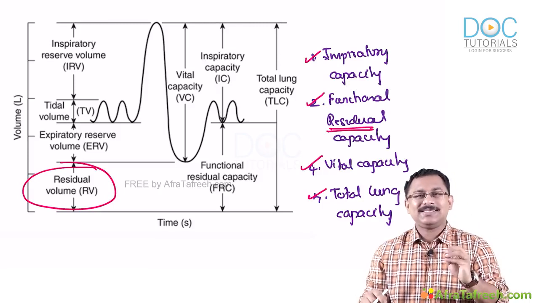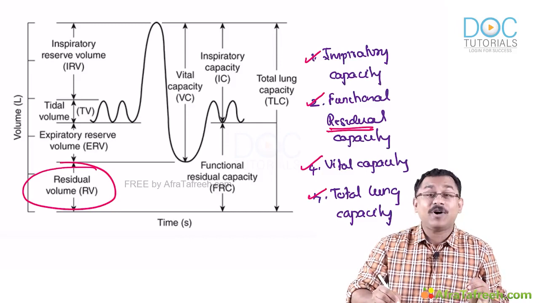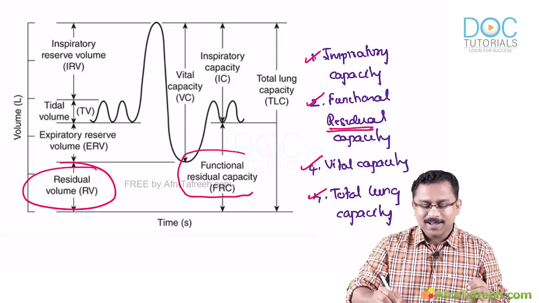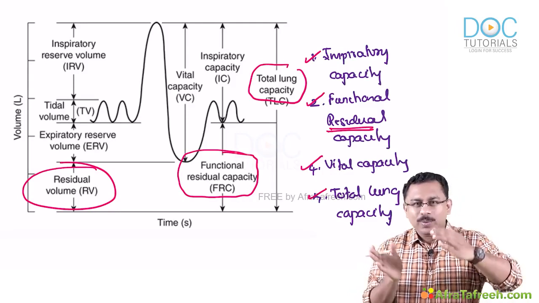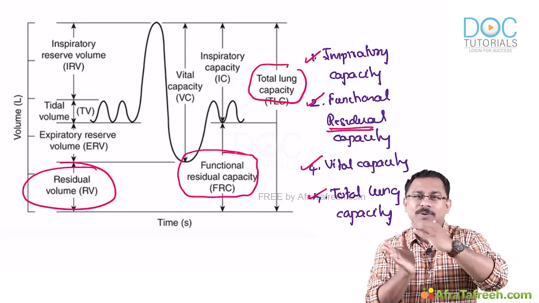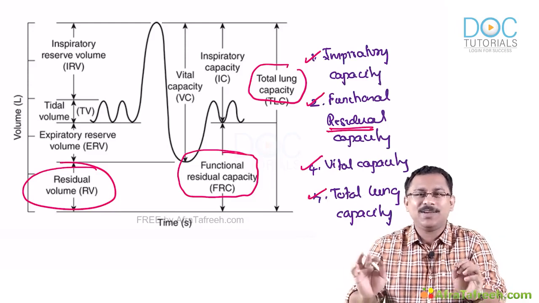Which means not just the residual volume, but the capacities that involve the residual volume, like the functional residual capacity or the total lung capacity, in which residual volume is also a part, cannot be estimated by routine spirometry.